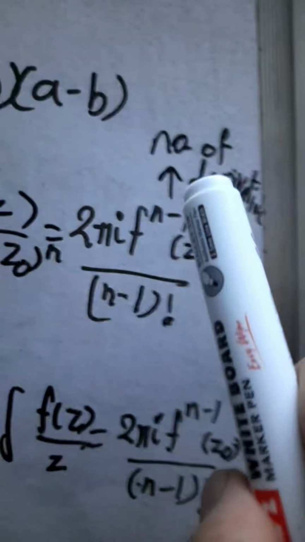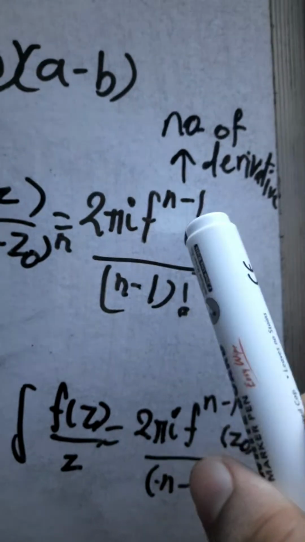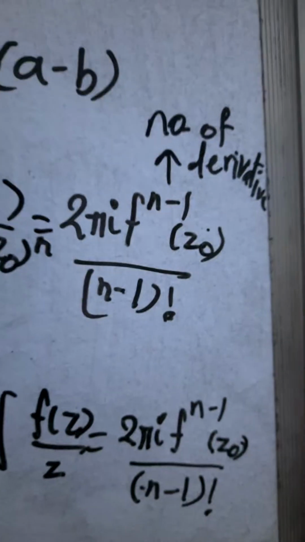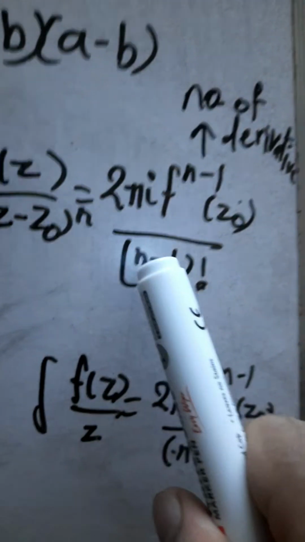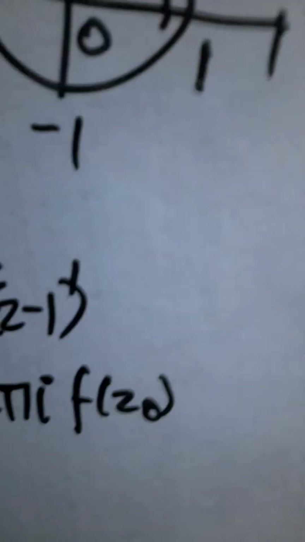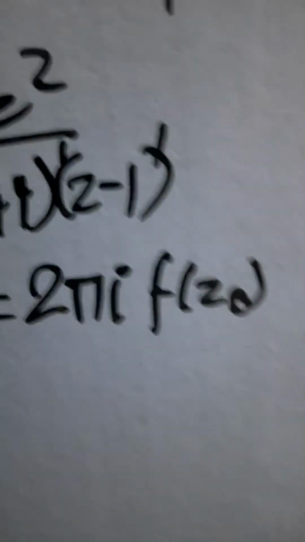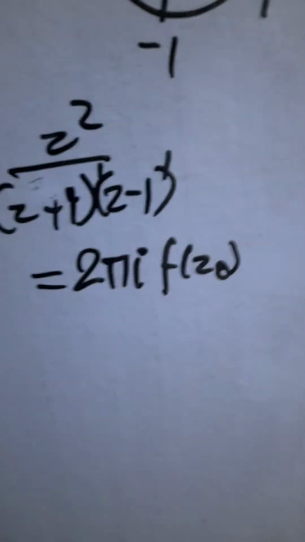So if n is 1 here, 1 minus 1 is 0, so no derivative, f of z naught directly, and 0 factorial is 1, so f of z naught by 1, 2 pi I is the same thing here, and 2 pi I is the same in both. So this is an extra formula to create stress. Don't ignore it. Just remember this formula, you would easily derive that too.